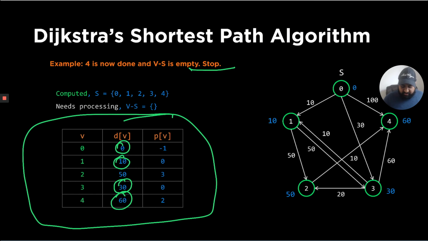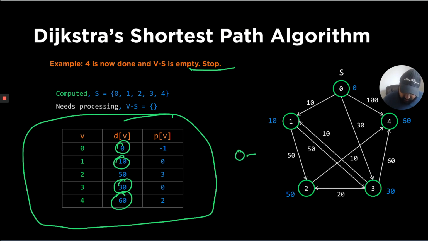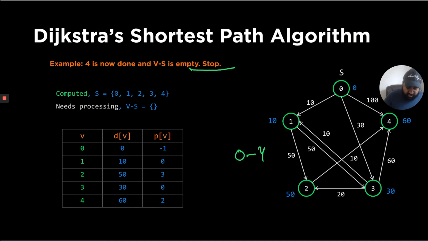Now, what is the path? Let's say somebody asks you, what is the path between 0 and 4? How you can calculate that is you start with the destination node, the fourth index, and you see what its predecessor is in the table. In this case, it's 2. Next, you go to 2's position in the table. You see its predecessor is 3, so you append that.